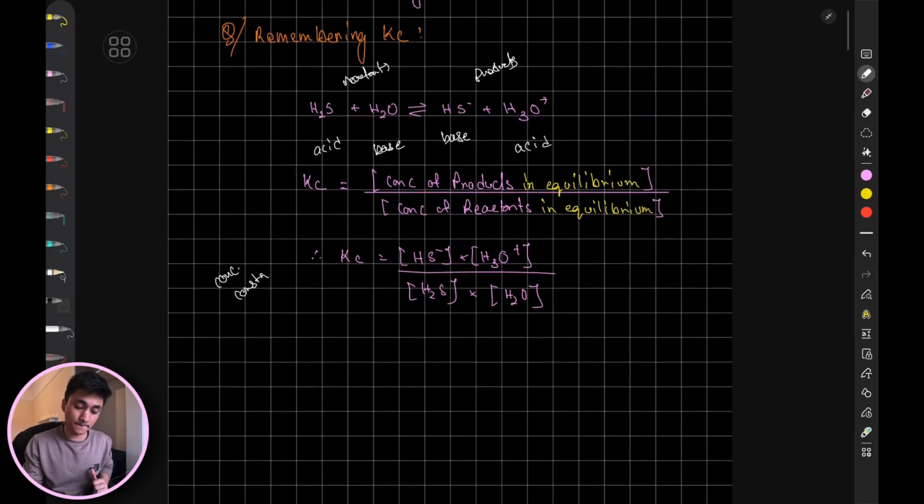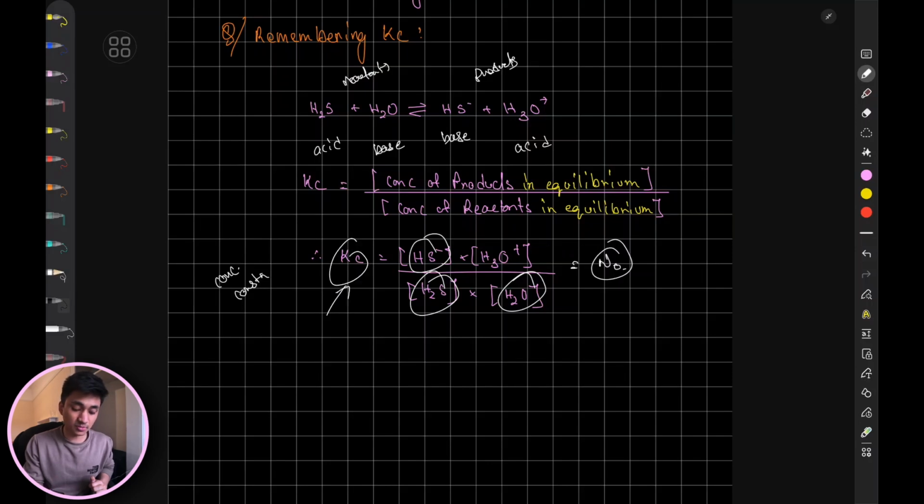Sounds good? Whatever number this is going to stay the same. And how that really helps is, if let's say you know the HS minus concentration, you know the H2O concentration, and you know this concentration, you can figure out the H3O plus concentration, because you know Kc at equilibrium is the same.